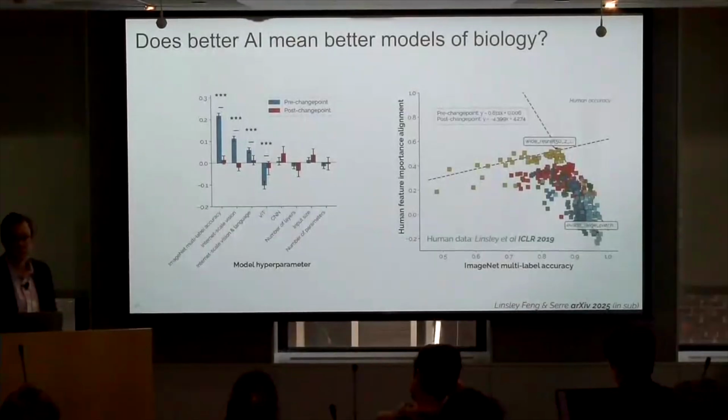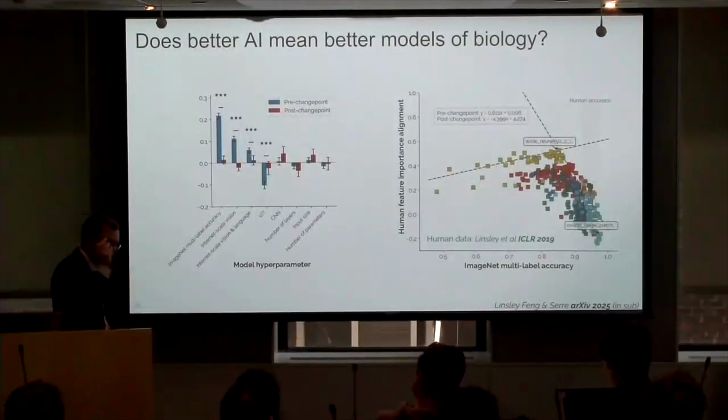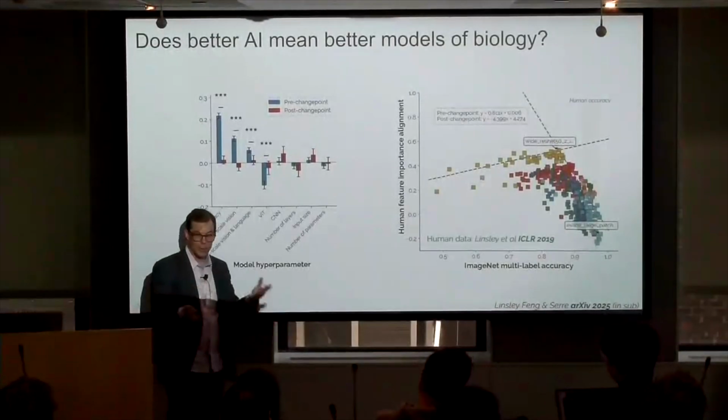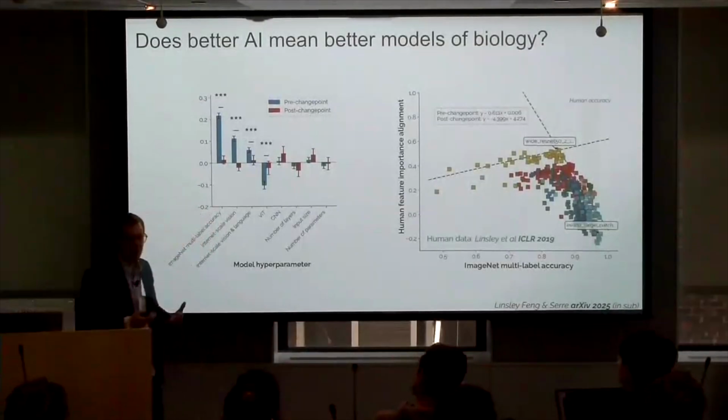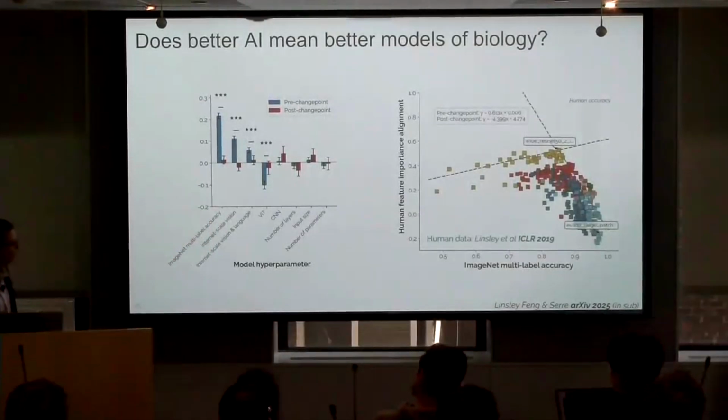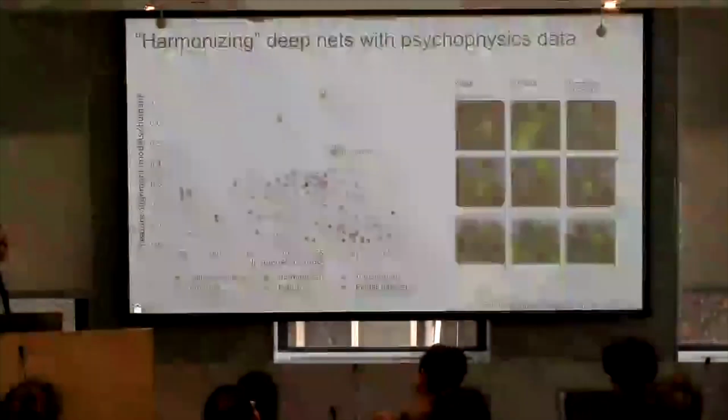Or it could be architectural, right? After all, I showed you a wiring diagram of the visual system. There are somewhere around half a dozen processing stages in our visual system. Modern deep neural networks are orders of magnitude deeper. Perhaps those architectural constraints end up mattering in the end, and that's what's explaining the change in the trend.